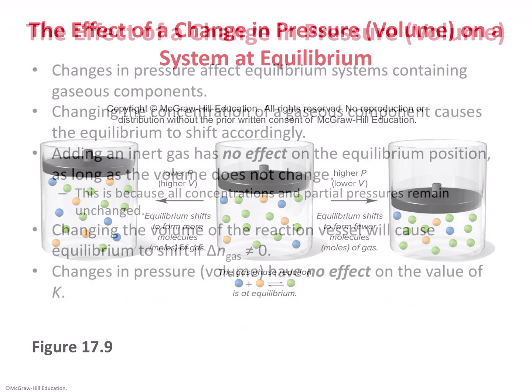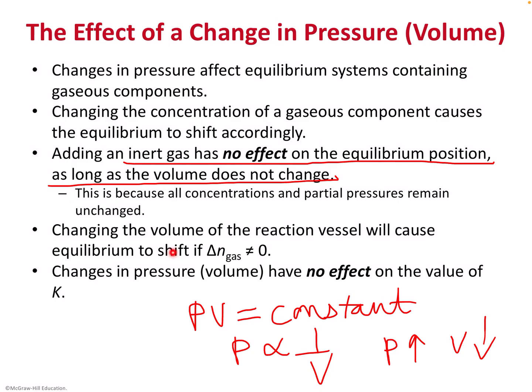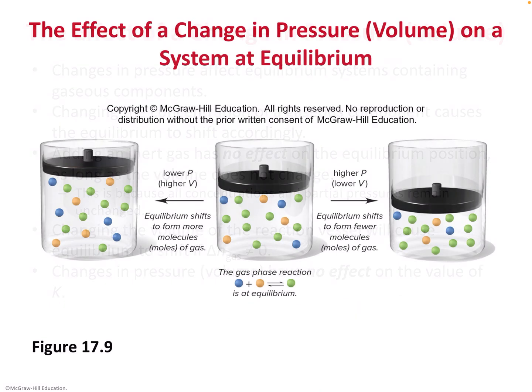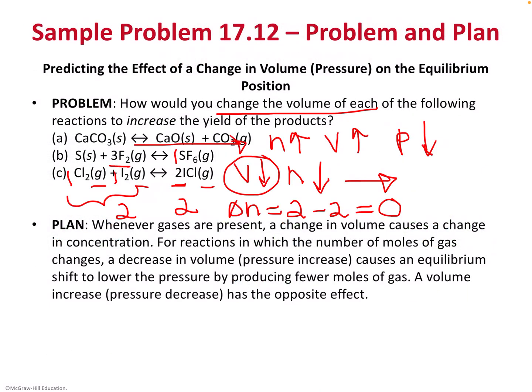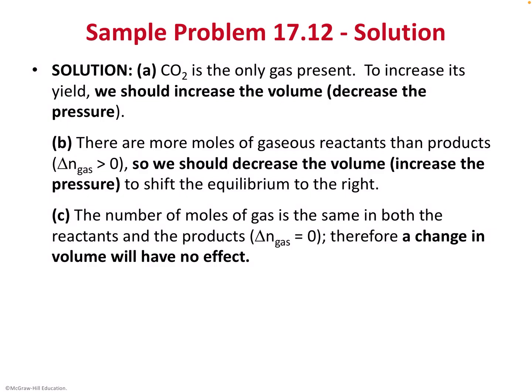Remember we talked about that also. Change in the volume of the reaction vessel will cause equilibrium to shift if delta N is not equal to 0. But in this case, delta N is 0, so there is no effect on the equilibrium position. Nothing will happen. So the change in the volume will have no effect.